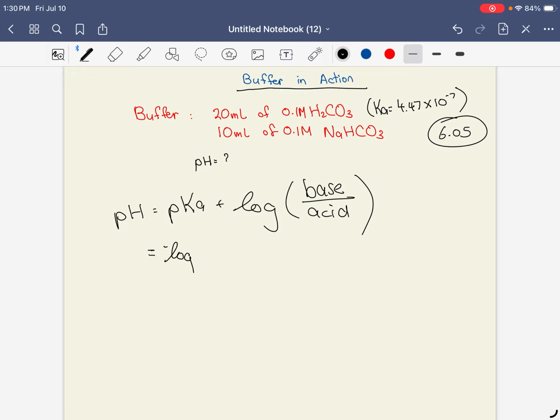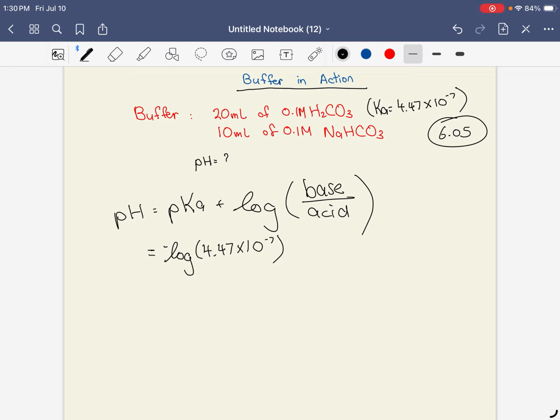P means negative log, so we're going to take the negative log of this. If you think about it, as a buffer, this makes sense, because at the buffer region, pH actually equals pKa when these two are the same. When these two are the same, the ratio will be 1, and log of 1, of course, is 0.